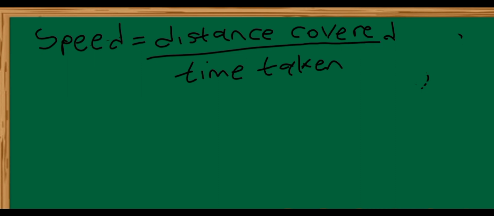Now let's talk about the 3 formulas that we use in solving motion. We have a equals v minus u over t, where v is the final velocity and u is the initial velocity. a equals v minus u over t.